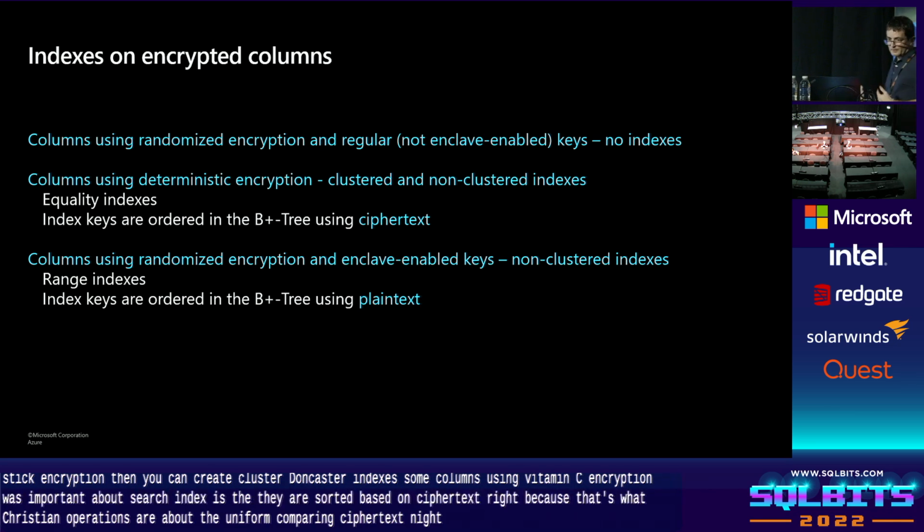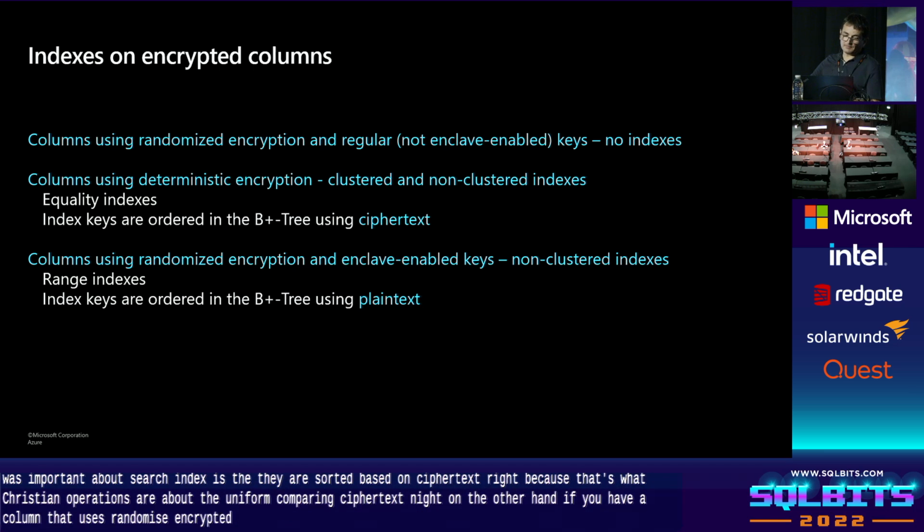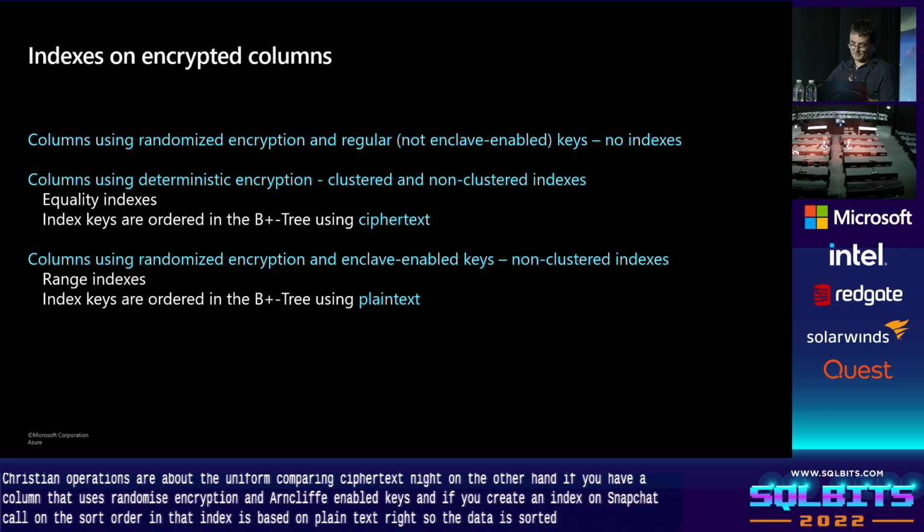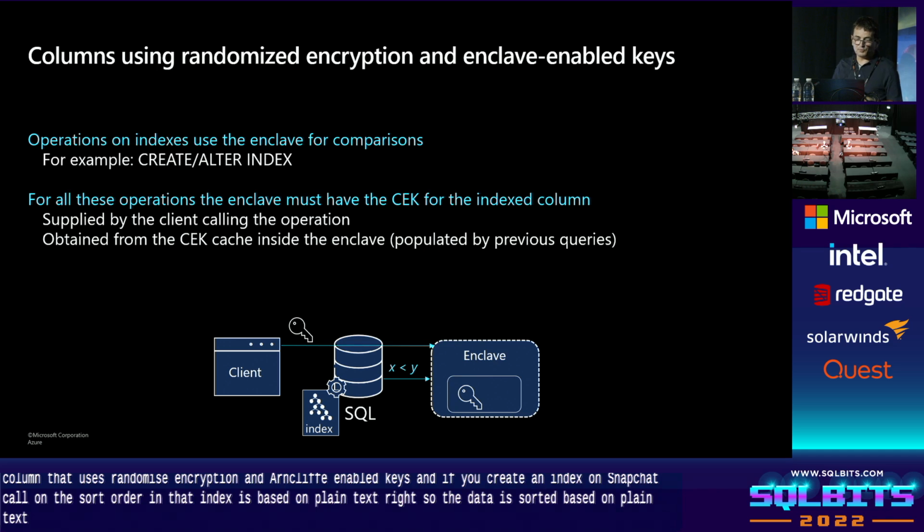On the other hand, if you have a column that uses randomized encryption and enclave-enabled keys, and if you create an index on such a column, the sort order in that index is based on plain text, right? So the data is sorted based on plain text. And this has some important implications.